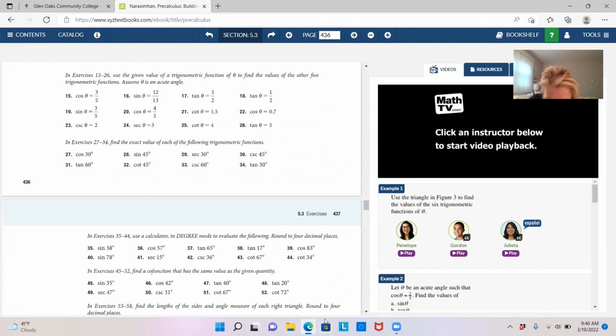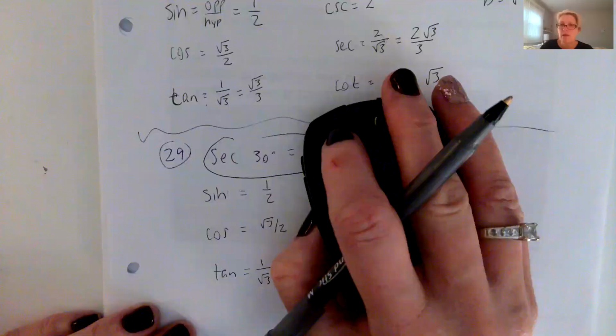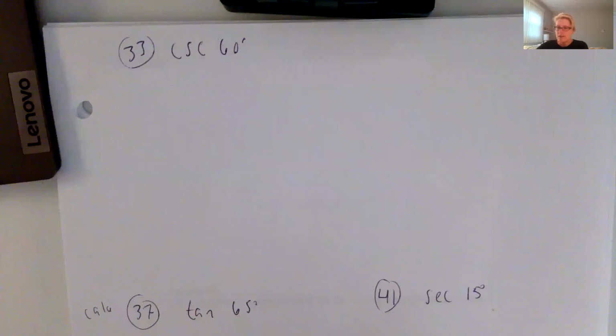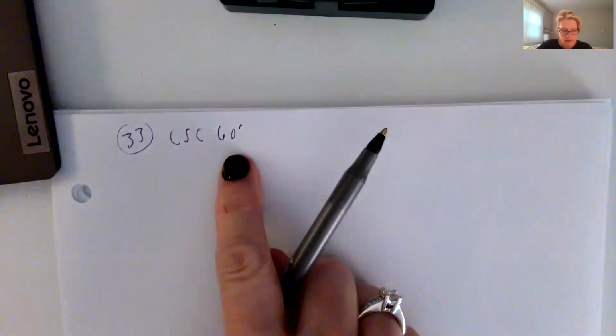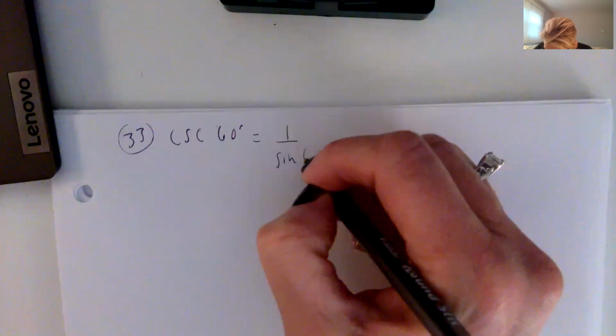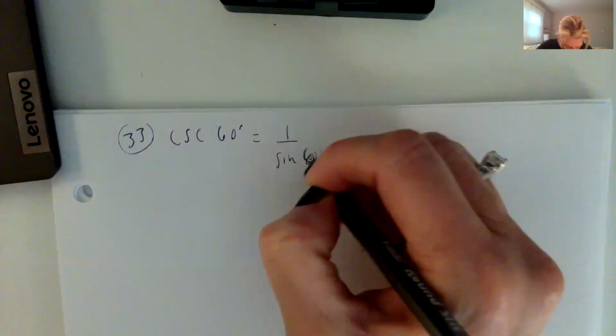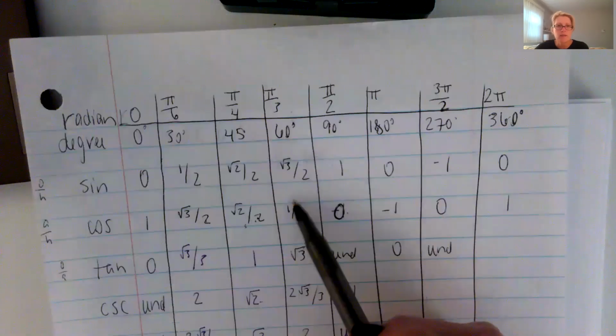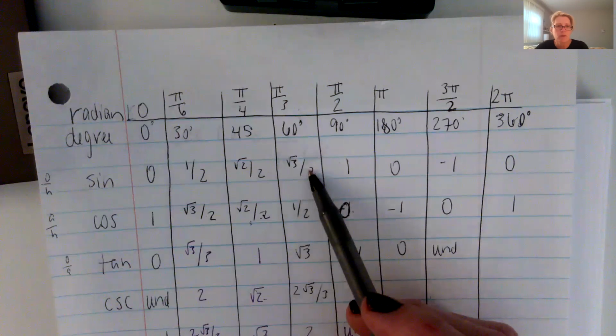So go back to my paper here. Sorry, I was looking at my head when I'm looking down with my glasses. So cosecant of 60 degrees. Cosecant again is 1 over sine of 60 degrees. And we know on our paper at 60 degrees, sine is the square root of 3 over 2.